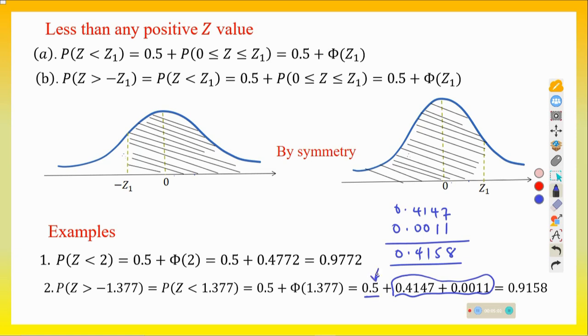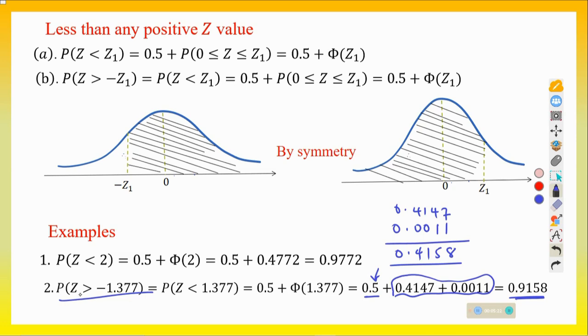So add there the 0.5, and that will be the total value for P of Z less than negative 1.377. So if you are having P of Z greater than, then simply change the sign of the inequality.